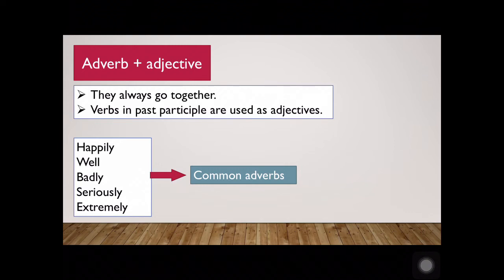Well, the opposite, badly, seriously, and extremely. After you write one of these adverbs, the word that follows is an adjective. What kind of adjective? Well, in this case, a past participle verb. Let's take a look at some examples.